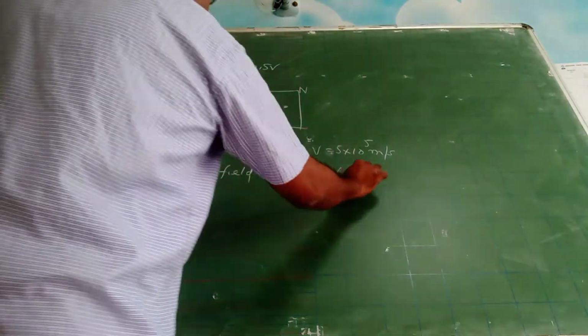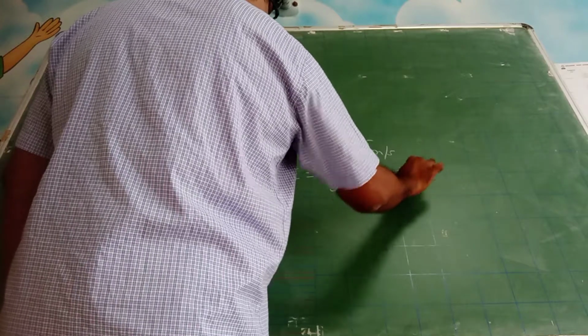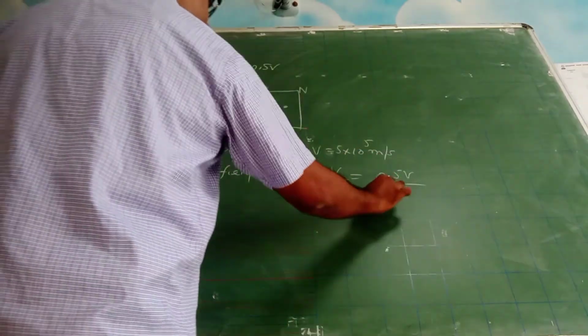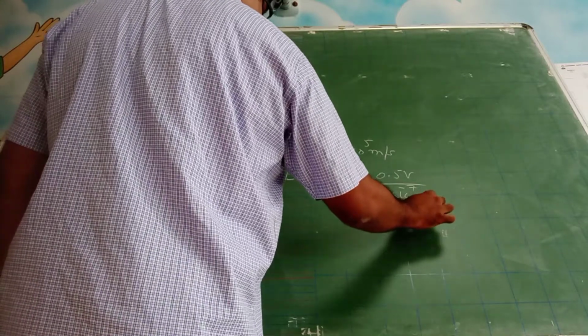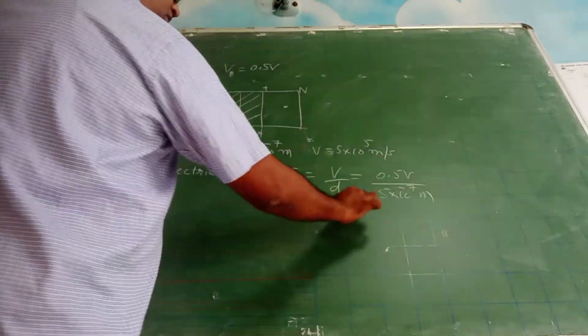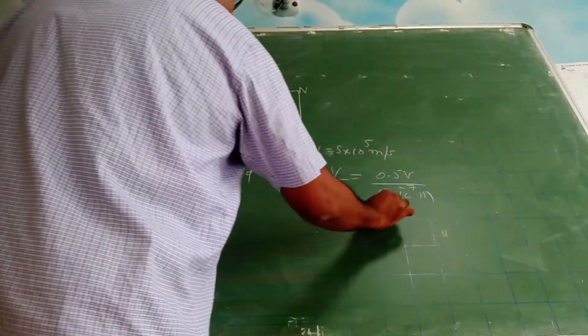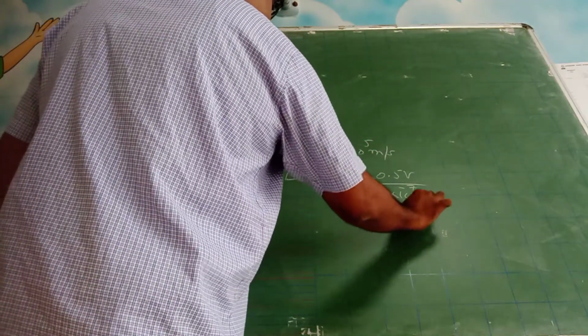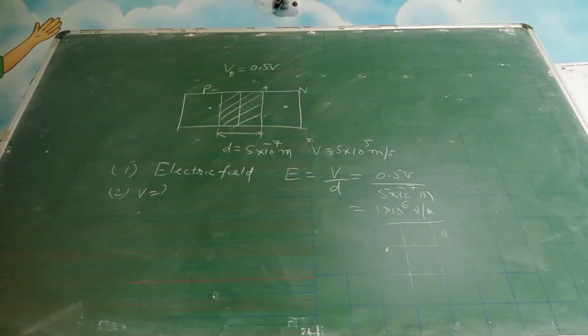So electric field will be equal to V, 0.5 volts, divided by the distance, 5 into 10 to the power of minus 7 meters. You can see here it is 0.1 into 10 power 7 or 1 into 10 to the power of 6 volt per meter. You can see how strong the electric field is, isn't it? Now coming to the velocity part.